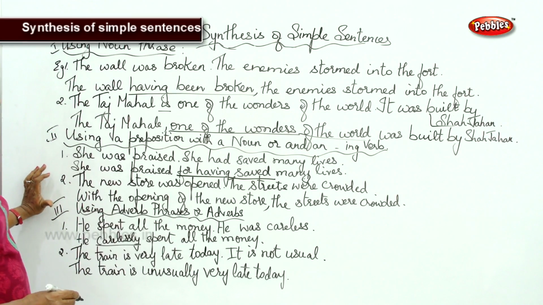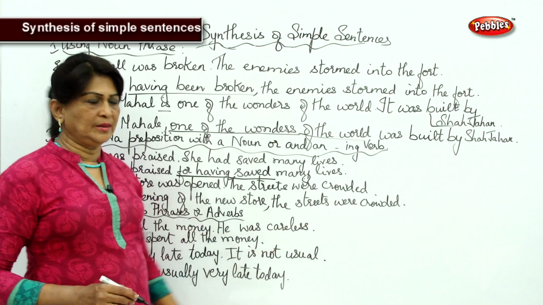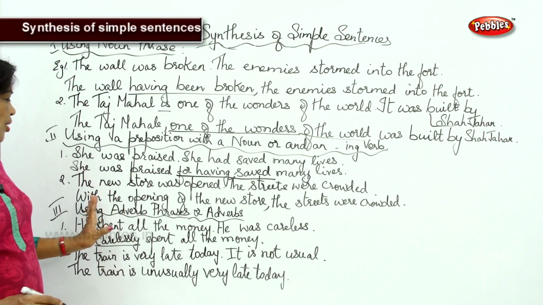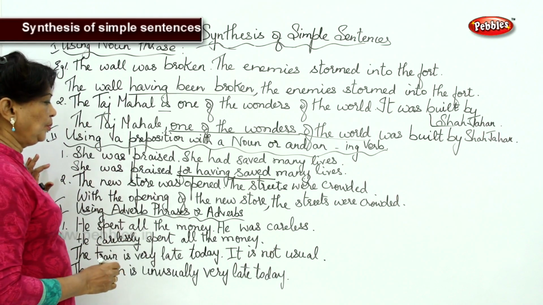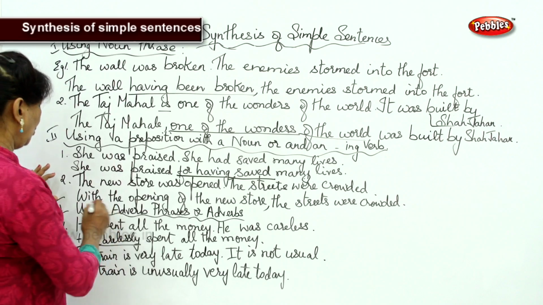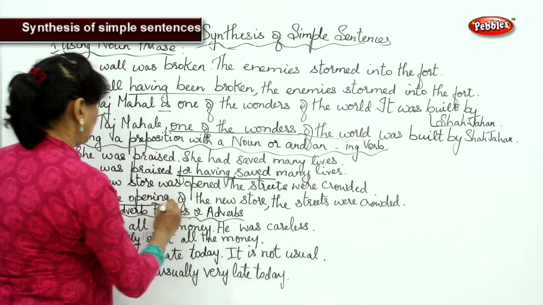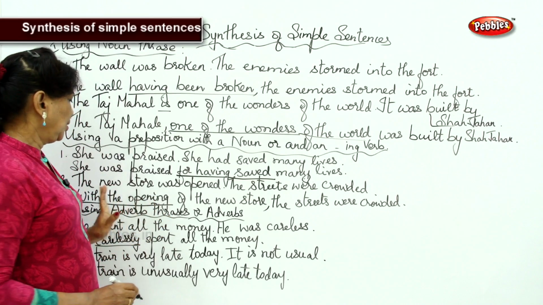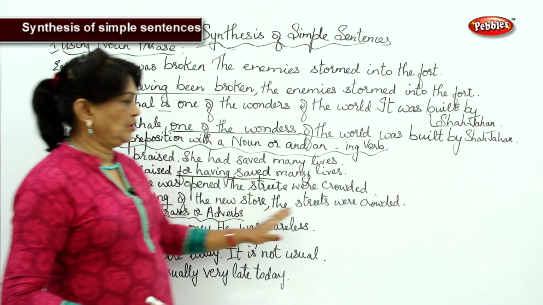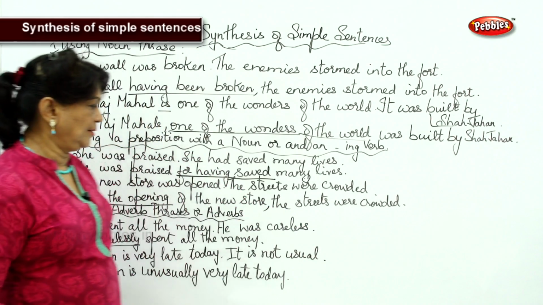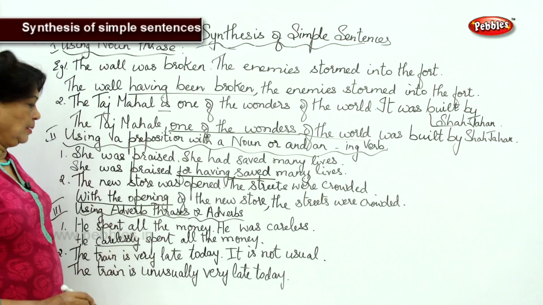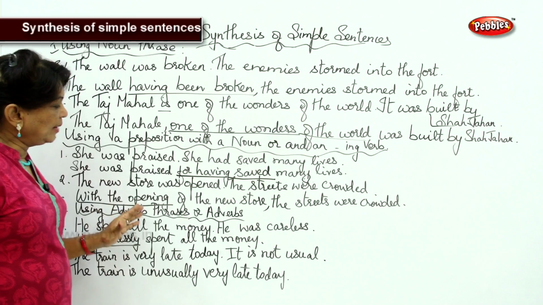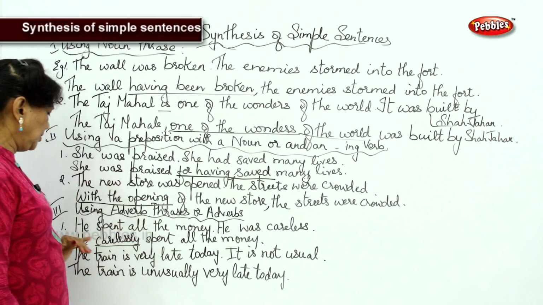The new store was open, the streets were crowded. The opening, with this a preposition and ing, it's a gerund. With the opening of the new store, the streets were crowded. So, that is another pattern. Now, using adverb phrases or adverbs.